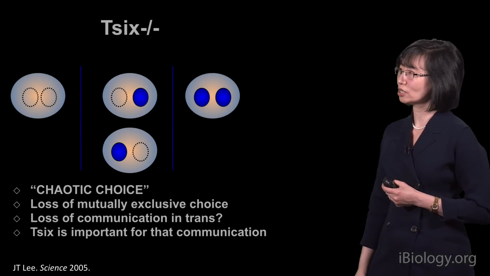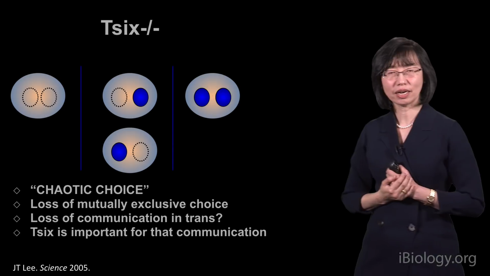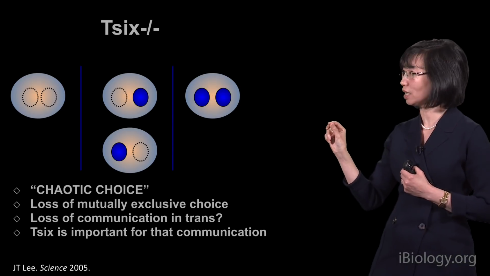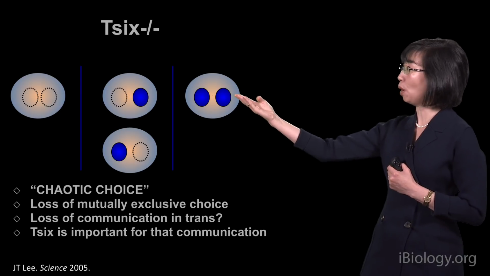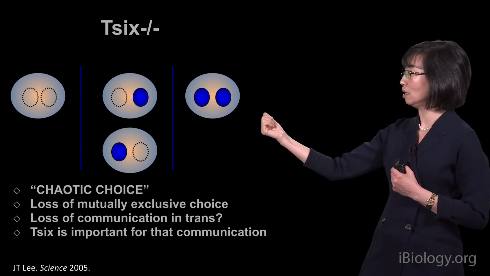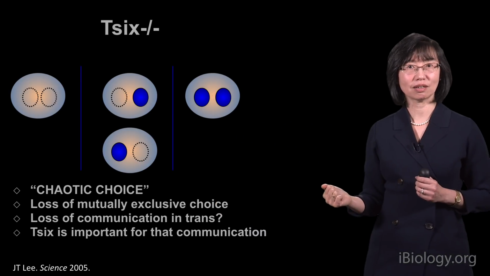So what I've told you is that normally cells can choose either one or the other X chromosome for inactivation. But very strangely, when we delete both copies of Tsix, not just one, but both copies, we see these additional cell types where both X chromosomes are inactivated or neither X chromosome is inactivated.